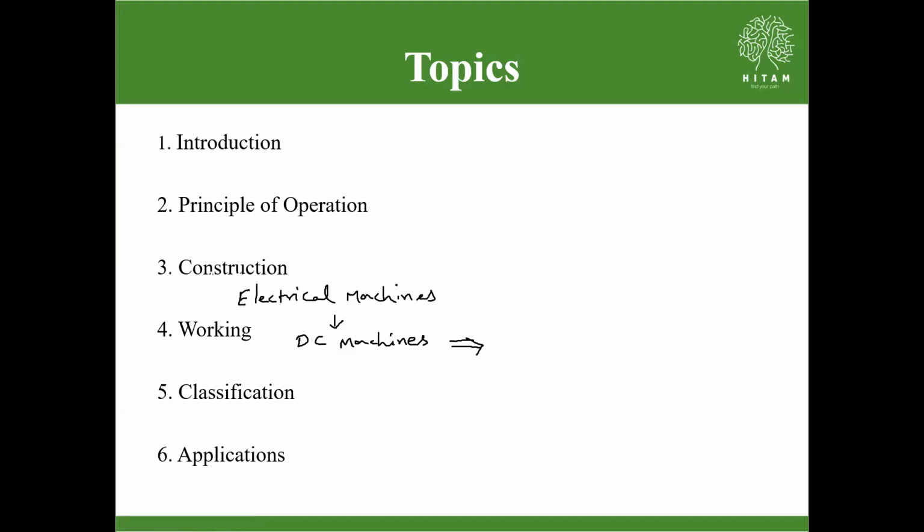These are the topics today we want to discuss. That is the introduction about the DC machines and the principle of operation of the machine and the constructional details of the DC generator and the working of DC generator and the different types, nothing but the classification, followed by the application of the machine.